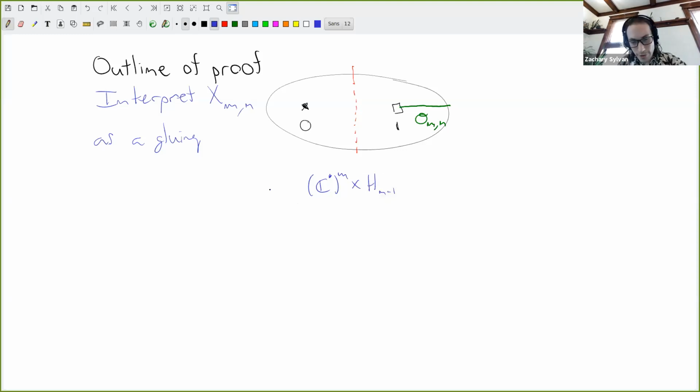So I have the wrapped category of that creature. Now this is mirror to co on C star to the M cross the mirror to the pair of pants, H n minus 1.